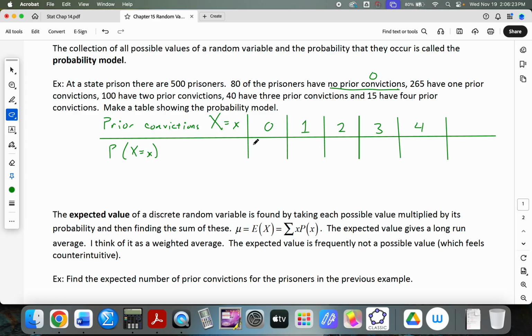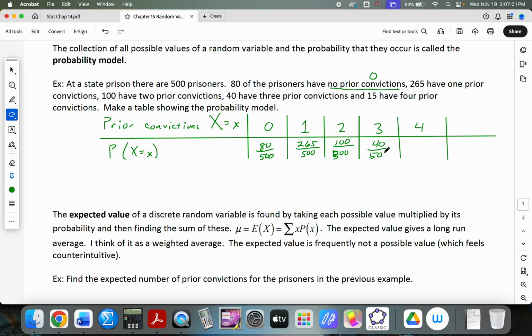All right, so what's the probability that they have no prior convictions? Well, it's 80 over 500. One prior conviction is 265 over 500. 100 over 500 is the probability that they have 2 prior convictions.